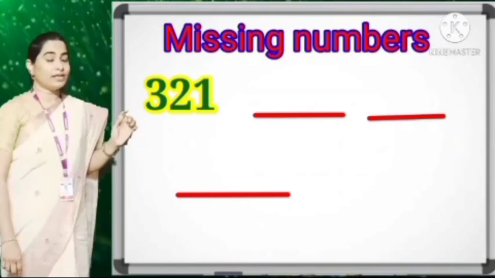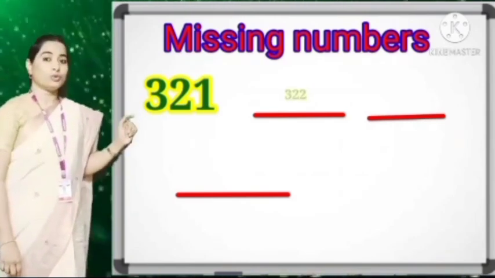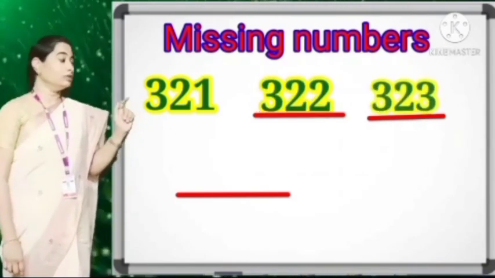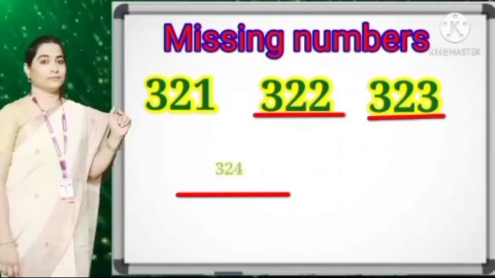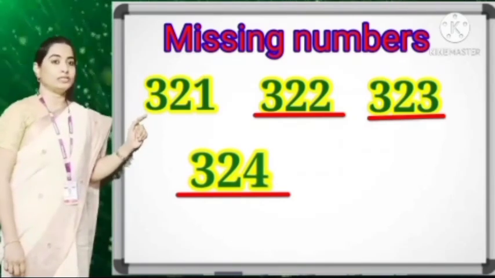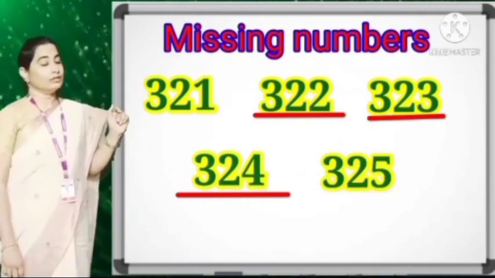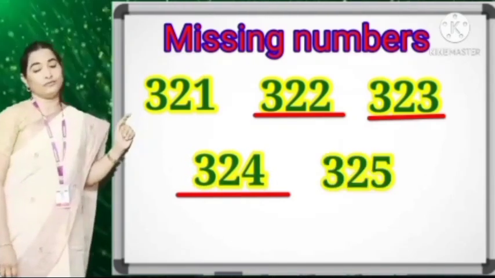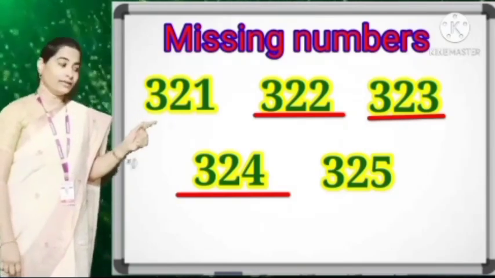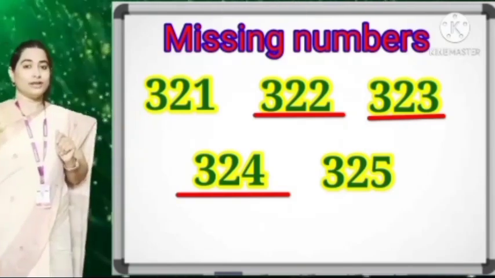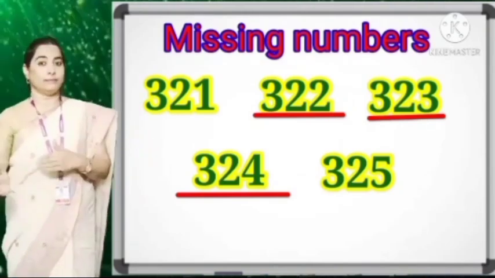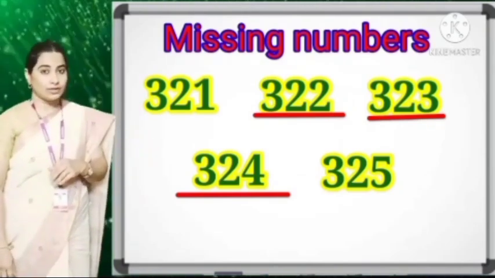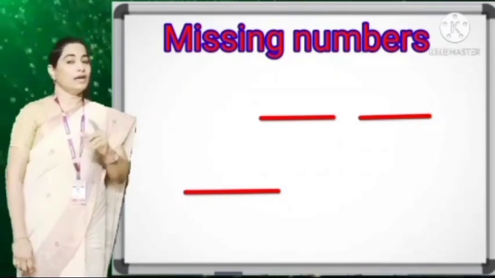And the next number is 322, 323, 324, 325. Which is already given there. So children, remember, we need to write the next numbers. Understood, children? We'll see another example.